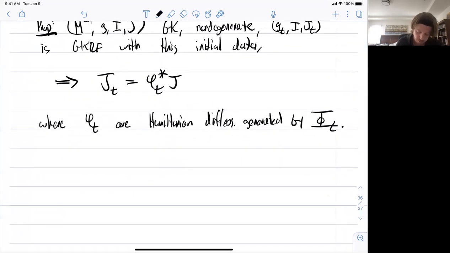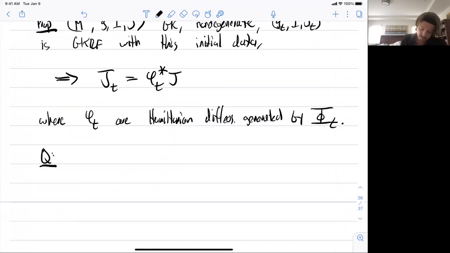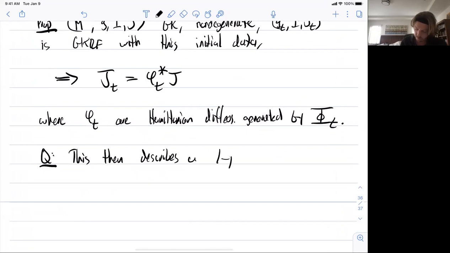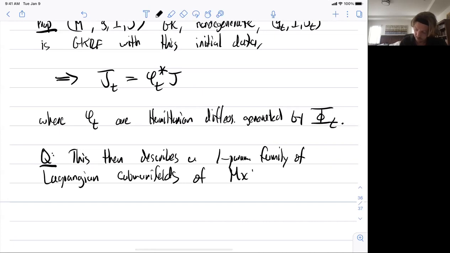I mean, it might be a little bit misguided, but as discussed by Francis, this then describes a one parameter family of Lagrangian submanifolds of, say, M cross M, endowed with a particular symplectic structure.